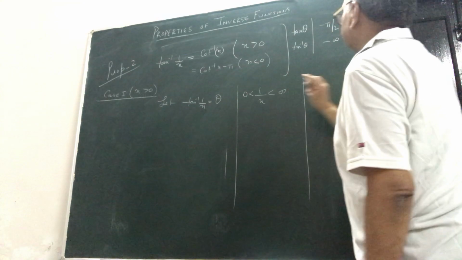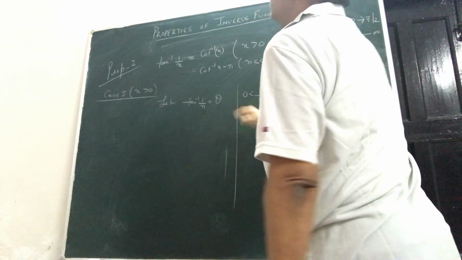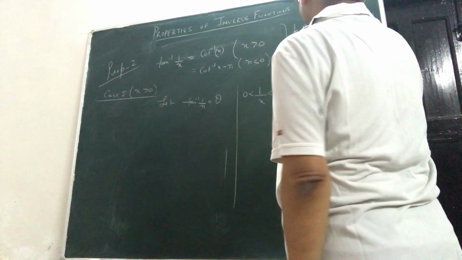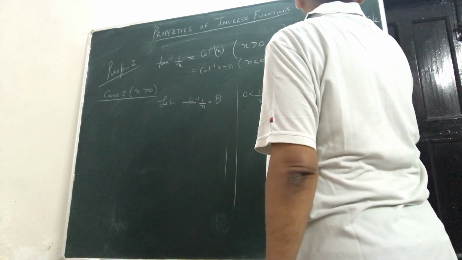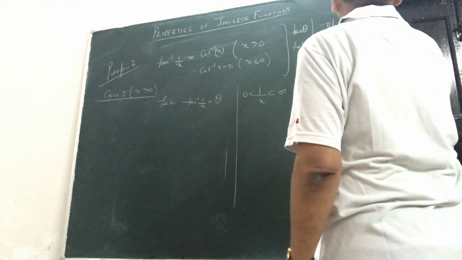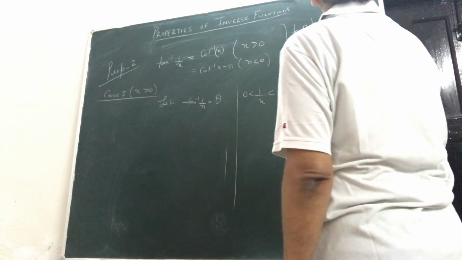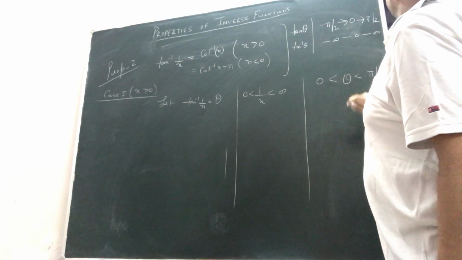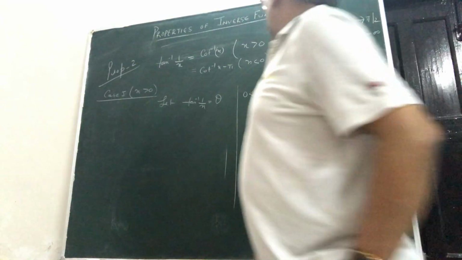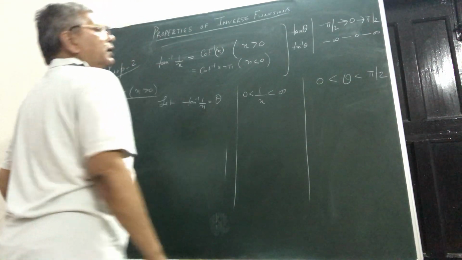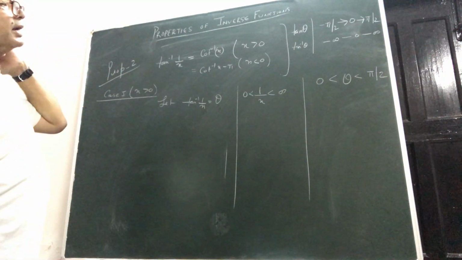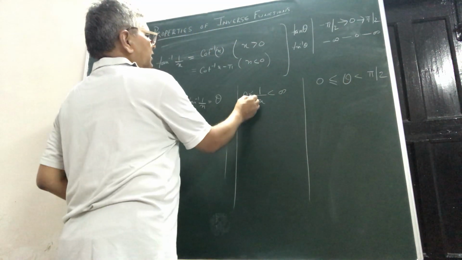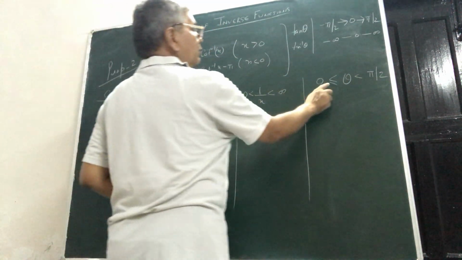Tan inverse 1 by x is theta, x is positive, so 1 by x will be between 0 and infinity, and theta will be from 0 to pi by 2, an open interval, since you can't include 0 because you are taking 1 by x.